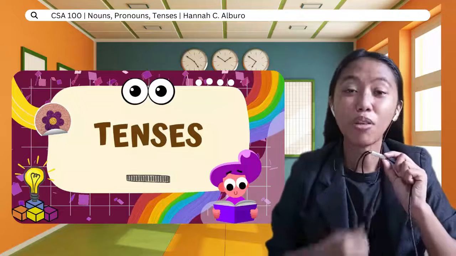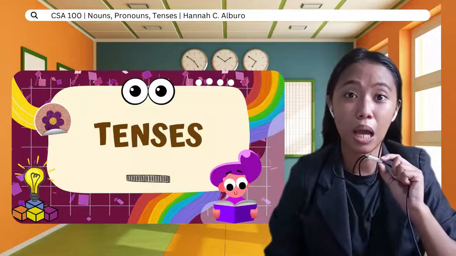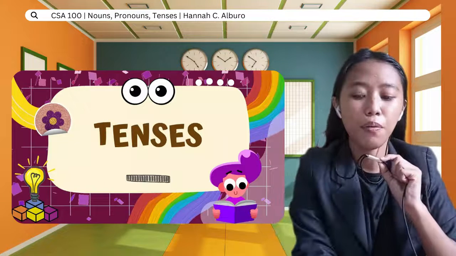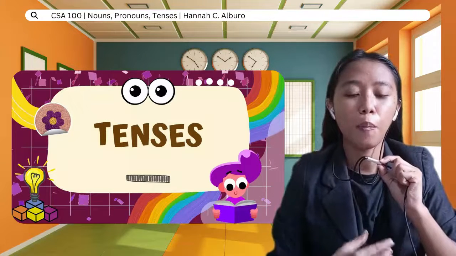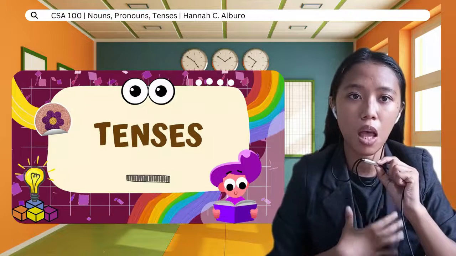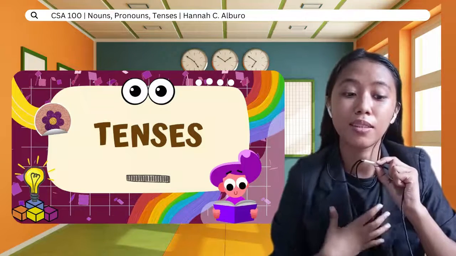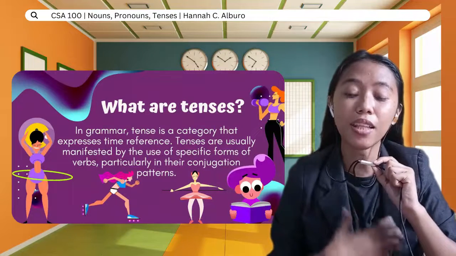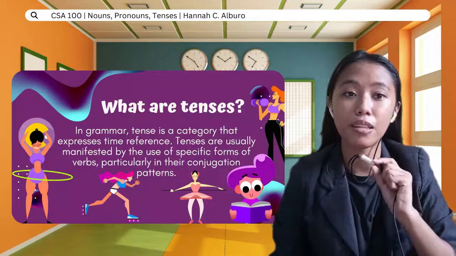Okay, now that we are done with the nouns and pronouns, let us move on to the tenses. First, let us discuss what tense means. In grammar, a tense is a category that expresses time reference.